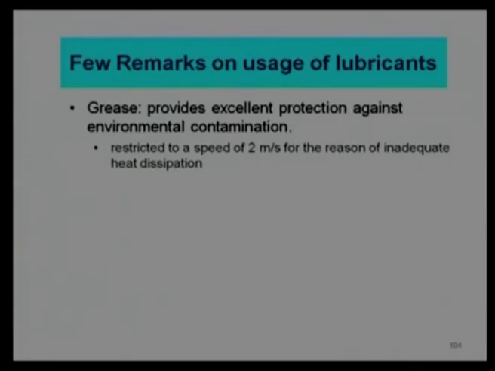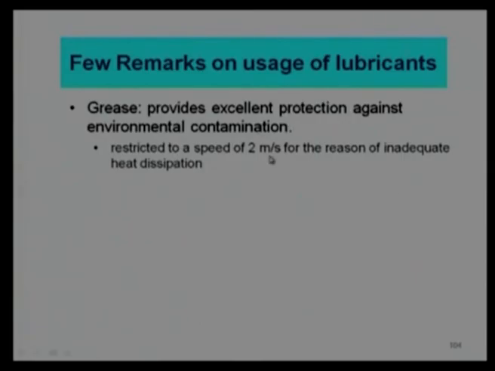First remark is on the grease. Good point is that it adheres to the surface, it covers the surface. So, it gives a good protection against environmental contamination, but they are restricted to low speed applications. In higher speed applications, there will be very high thinning of the grease, or there will be bleeding of the grease.